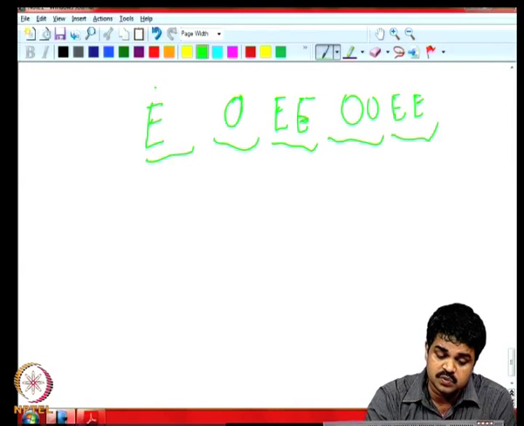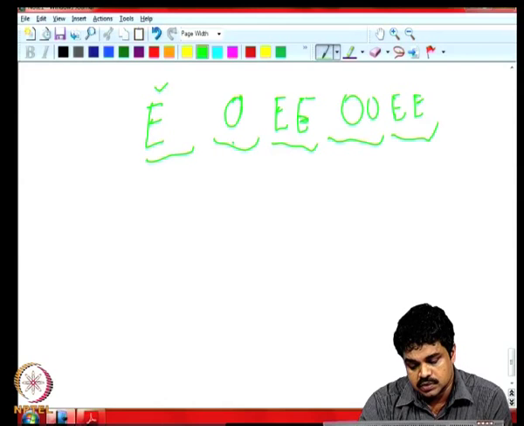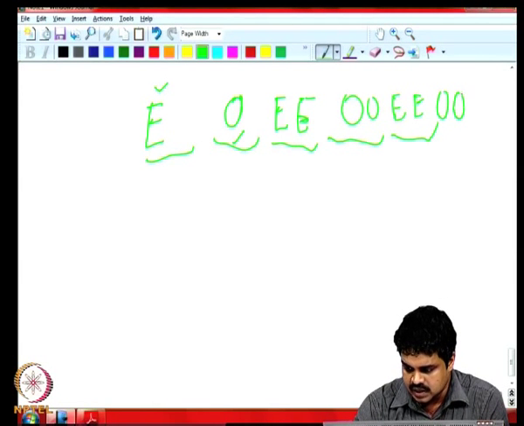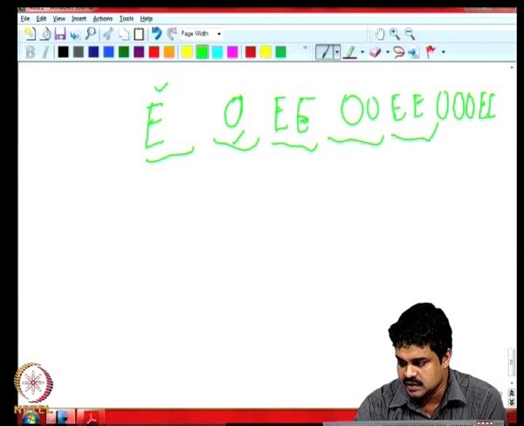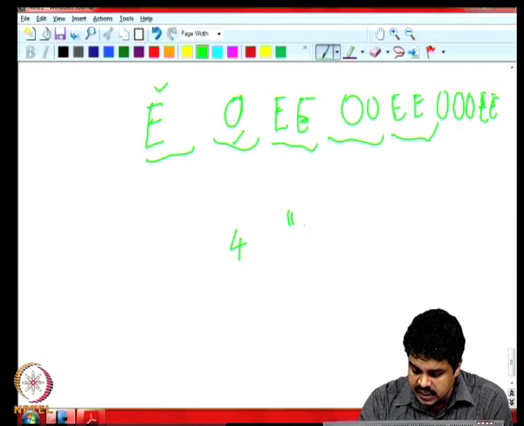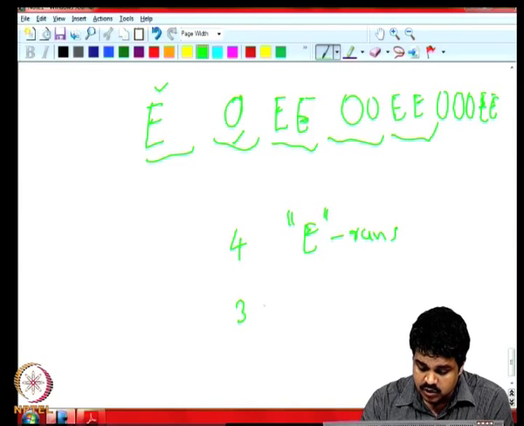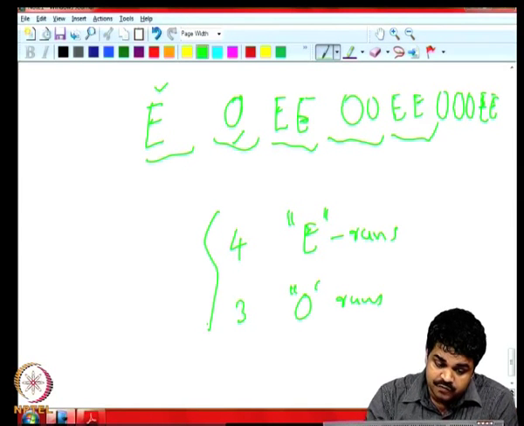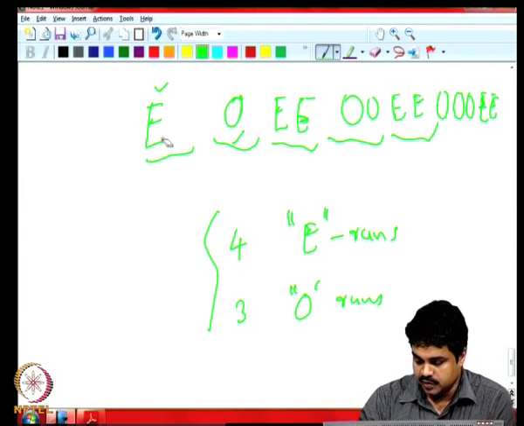So, by the time we finish 6 runs, the last is O, and the 7th one should be E. If we start with E's, then there are 4 E runs and 3 O runs. Similarly, if we start with O, it will reverse.